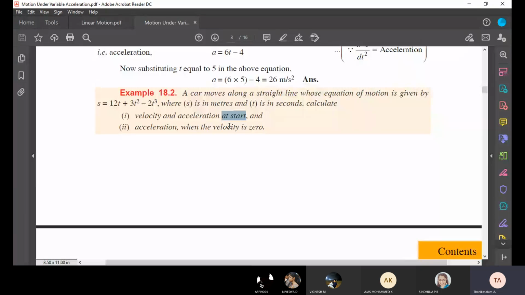Class, what is the starting time? Class rep? Vignesh?